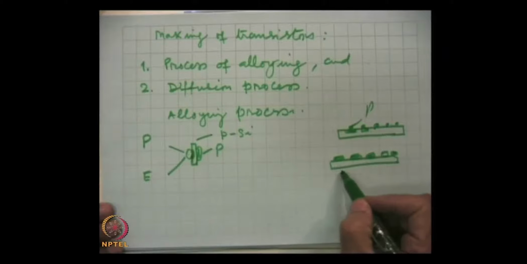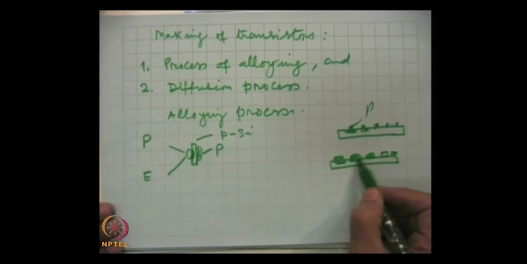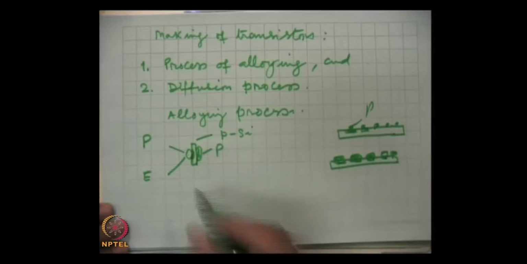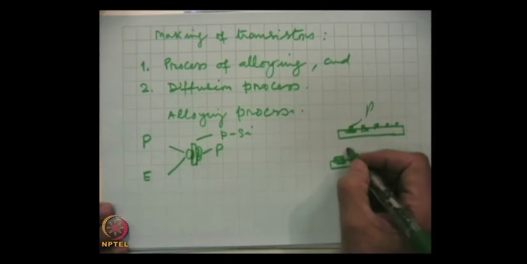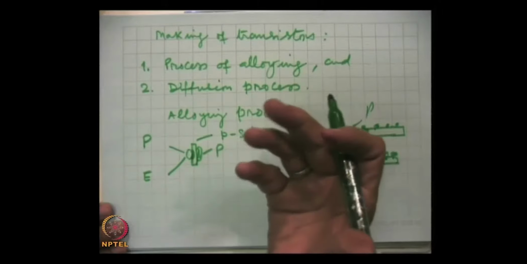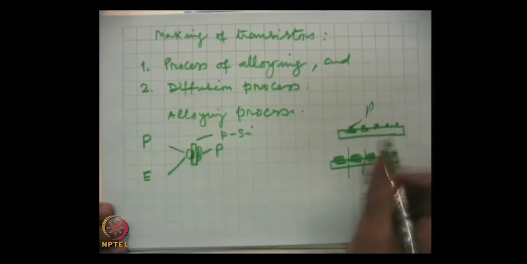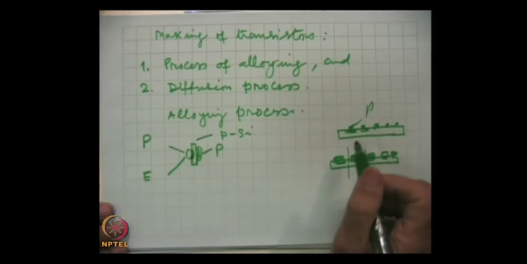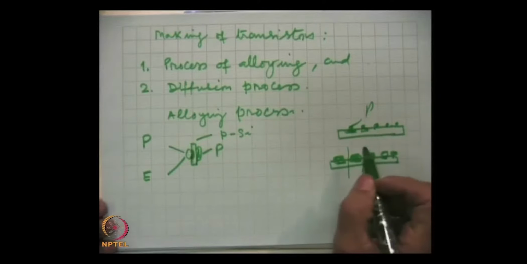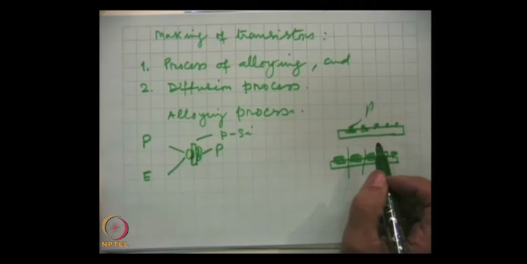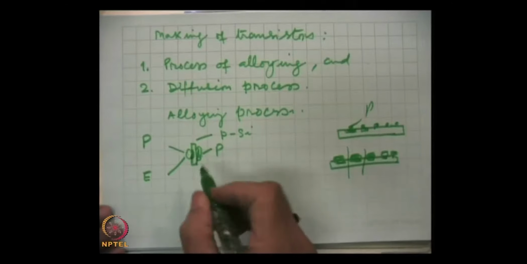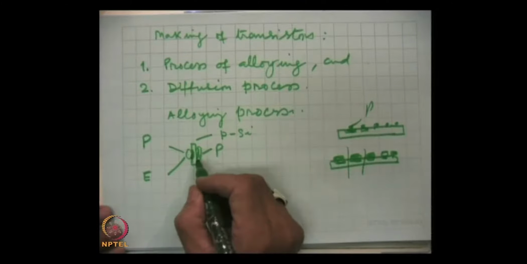So, it will diffuse and another N type semiconductor will be developed. And this we cut ultrasonically. So, from a 2-inch diameter wafer of silicon, after these two treatments of the alloying process, we can get say 100 or a few hundred very small transistors.